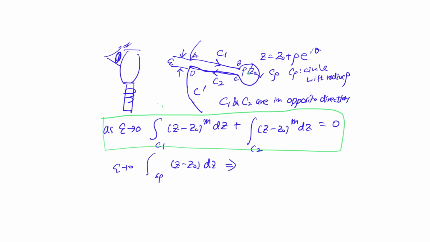Becomes closed circle, right? So when epsilon is going to 0, this 0 becomes closed, right?